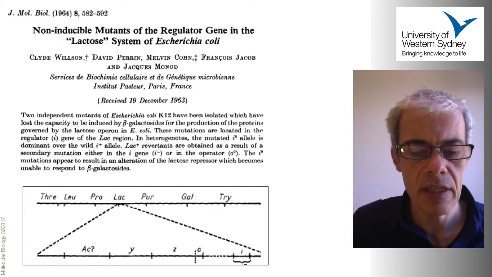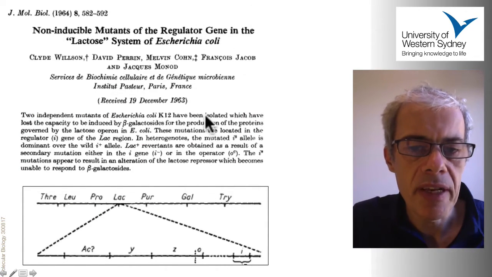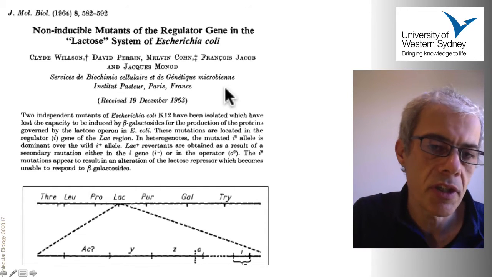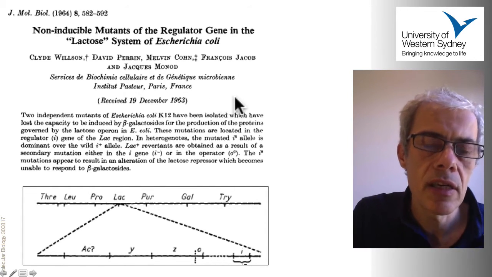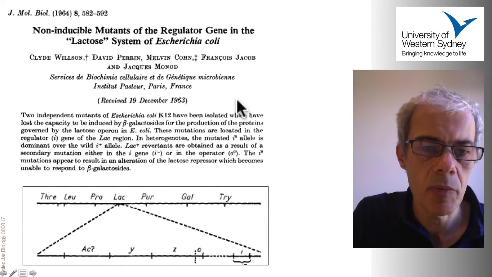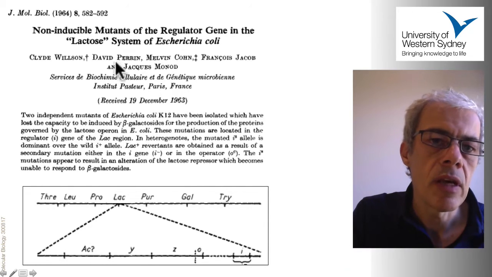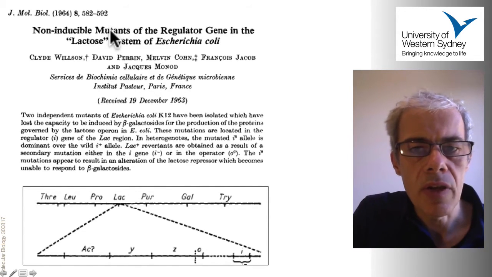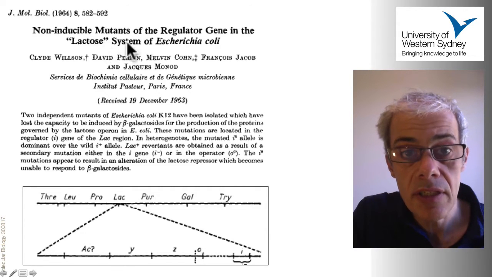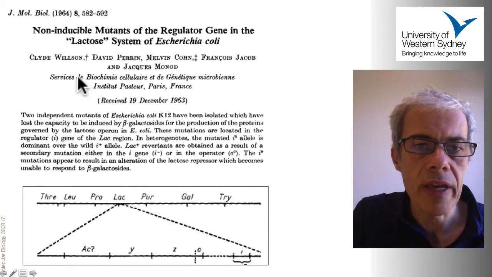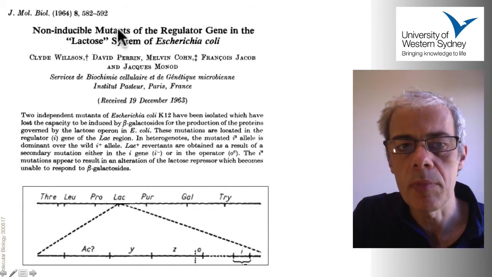So I just quickly did a screenshot, a PubMed search for Jacob and Monod, and came up with a whole series of papers from the 1960s, and this is just the front of one of those papers. And you can see here they're looking at E. coli mutants, and they're looking at the regulation of the lactose system, and in this particular paper they're looking at some non-inducible mutants.